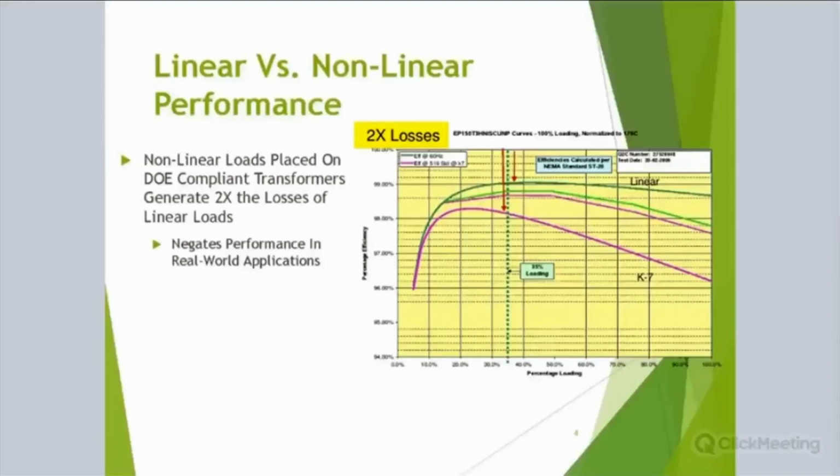Well, 1% on, let's say, a 100 kW transformer, or say a 112.5 kVA transformer, that's 1120 watts of losses that you're adding to the standard losses of that unit. So it is going to put out 1100 watts more of energy loss that you're paying for but not getting the advantage of.